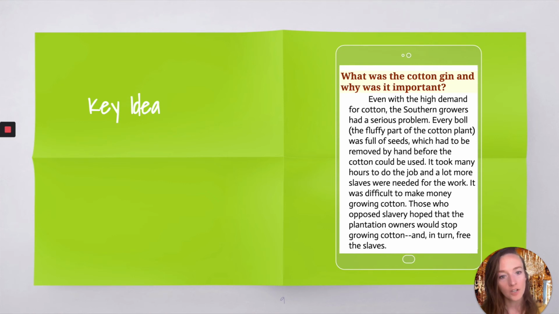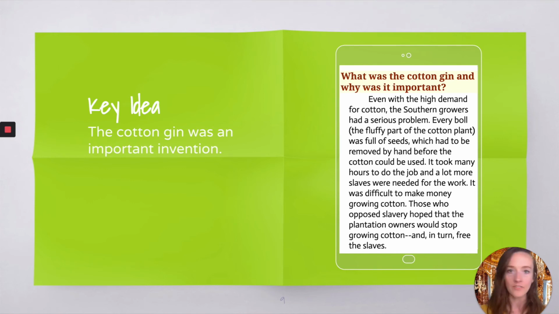Now that's a question, and the key idea wouldn't be a question, it would be a statement, something that the author wants you to understand. So I rephrased it here to say, the cotton gin was an important invention. Changed it from, what was the cotton gin and why was it important, to the cotton gin was an important invention. It was important. And then they're going to explain why it was important. They're going to explain the reasons why it was important.